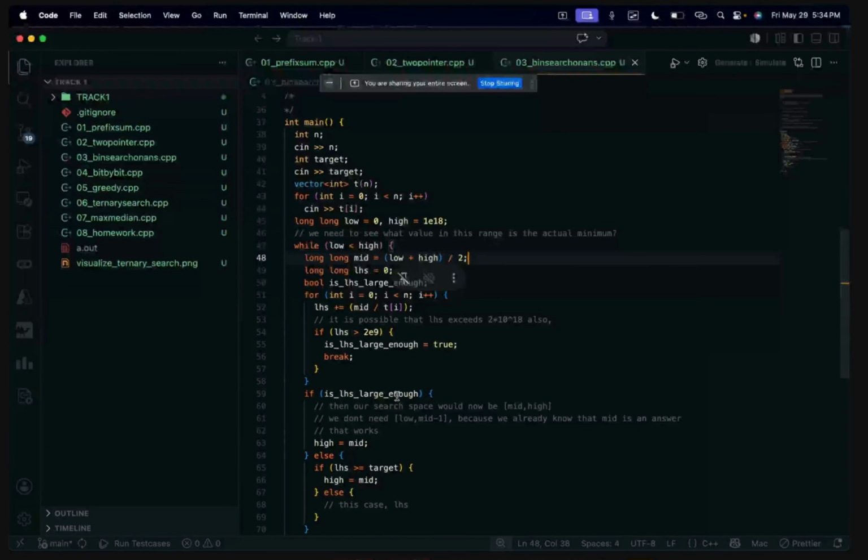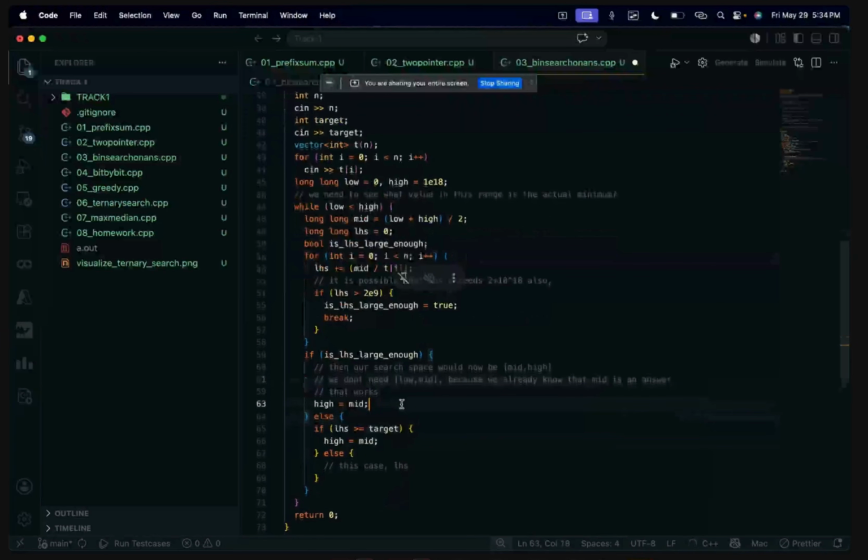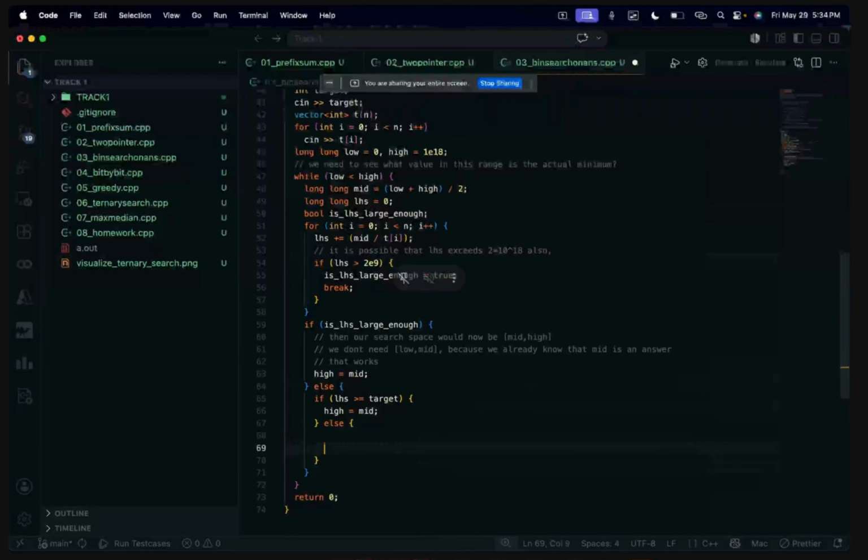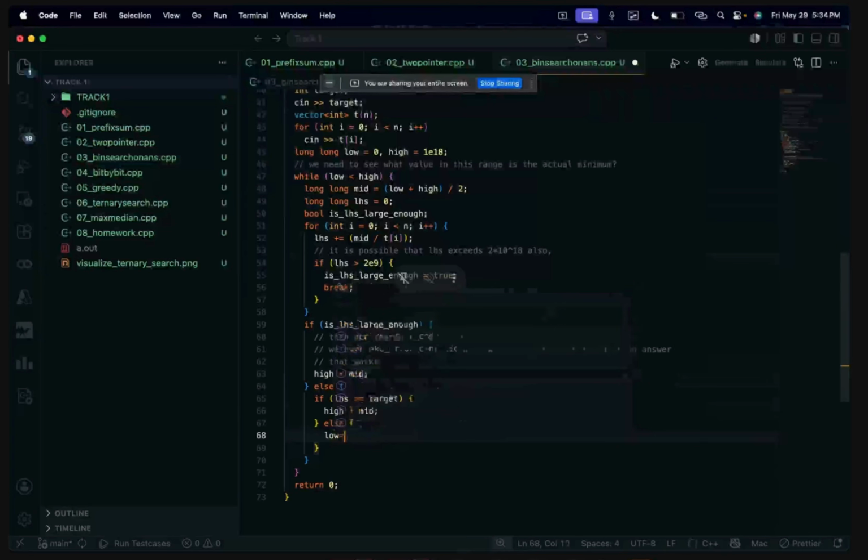So if the LHS is large enough, our search space would be low to mid. We know that mid satisfies the answer. We don't know if anything in low to mid satisfies the answer. So we keep searching in that range. So here we set high equal to mid. And in this case, LHS is clearly not large enough, and we need something clearly larger than mid. So we will set our search space's lower bound to mid plus 1.